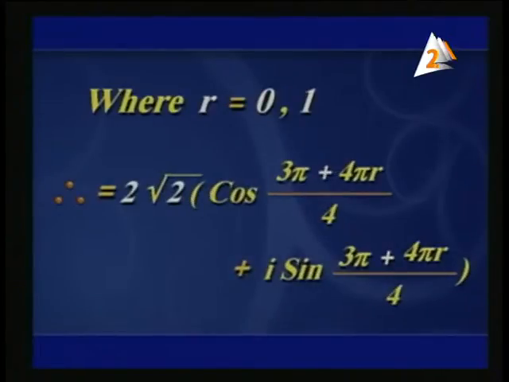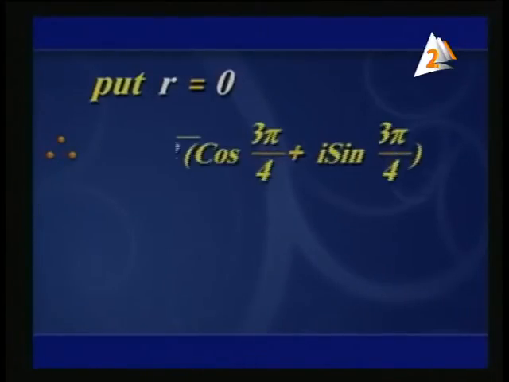Then z to the power half equals 2 root 2 (cosine of (3 pi plus 4 pi r) over 4 plus i sine of (3 pi plus 4 pi r) over 4). Now put r equals 0.